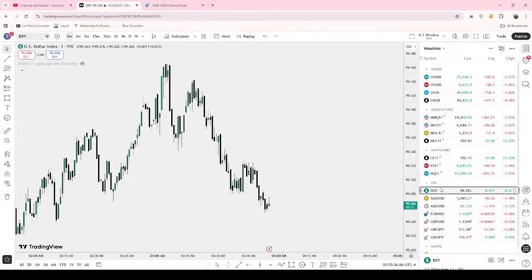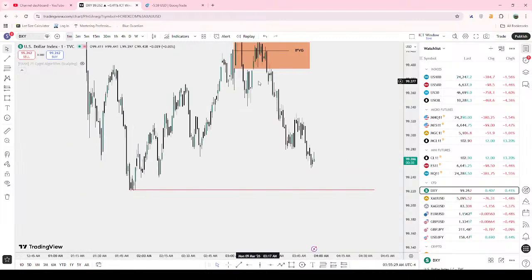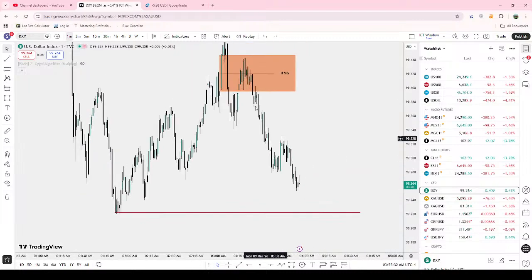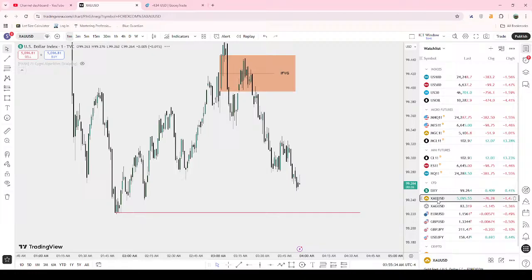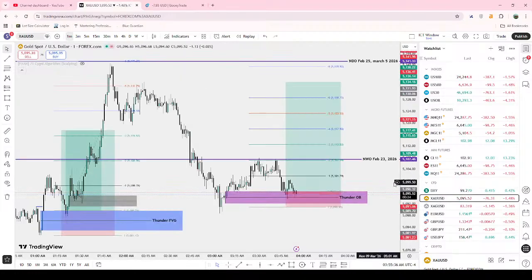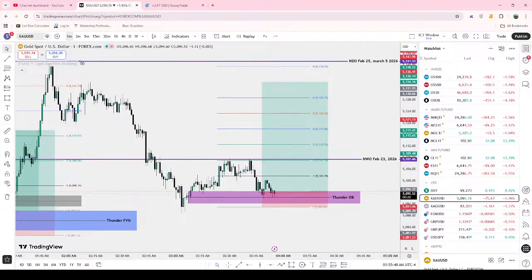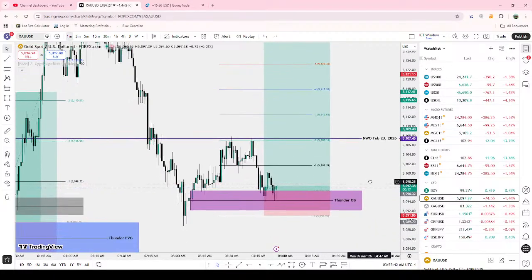The Dixie came down all the way here, so we can expect this kind of price action to the upside in the gold, because gold was held in a tight range while the Dixie came down, and both are anti-correlated assets.